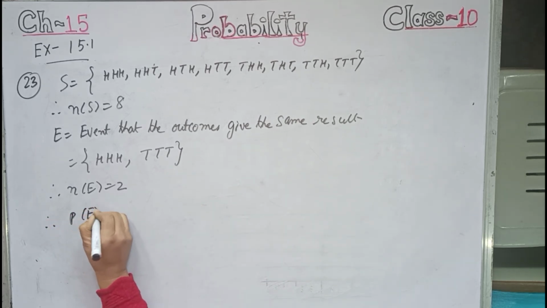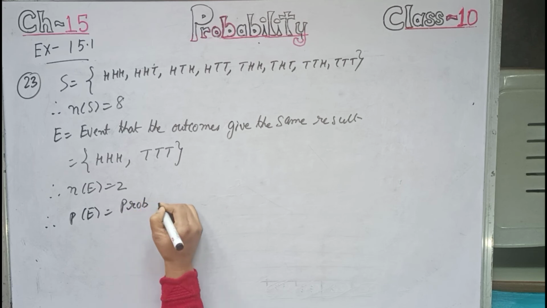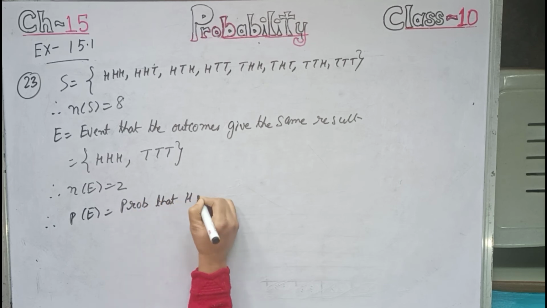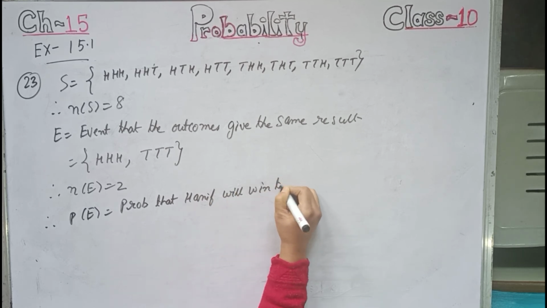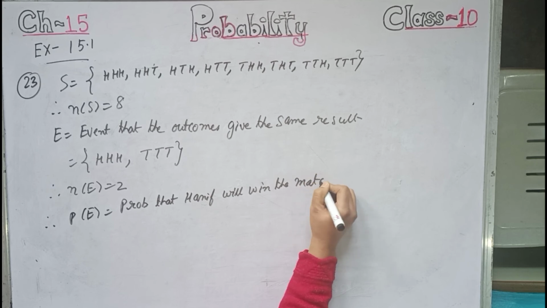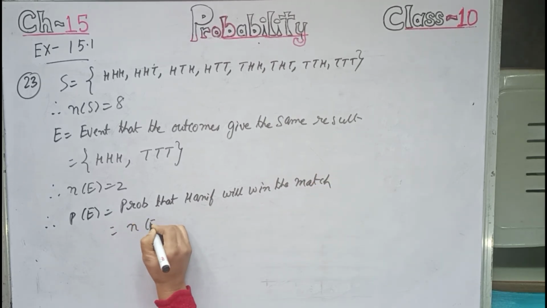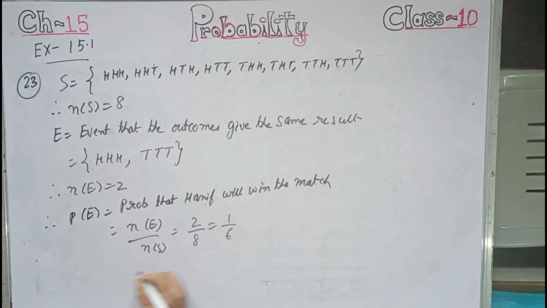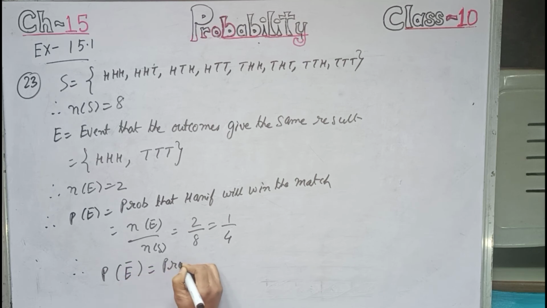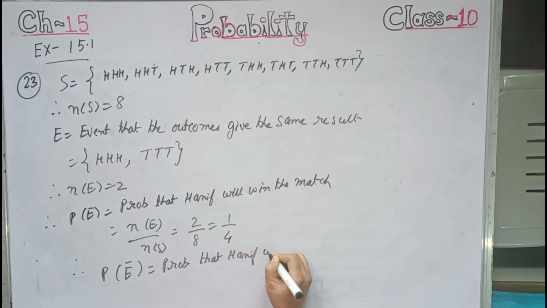Therefore P(E), the probability that Hanif will win the match, equals n(E) by n(S) equals 2 by 8 equals 1 by 4. Therefore P(E bar) equals the probability that Hanif will lose the match.